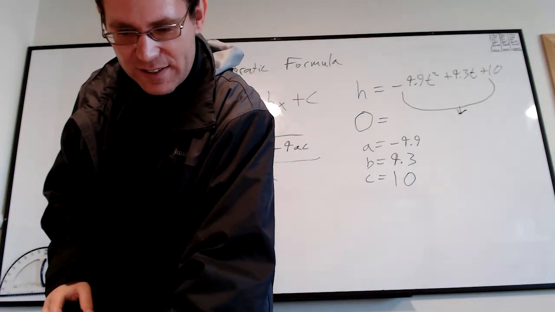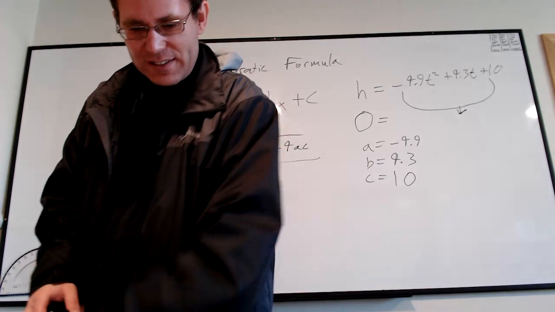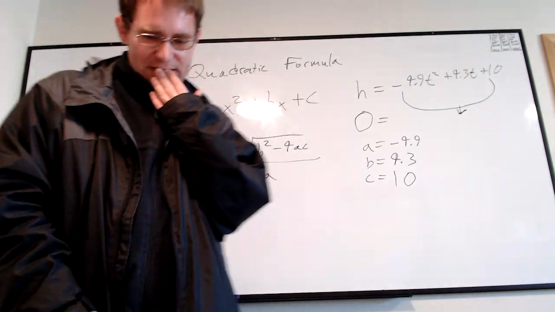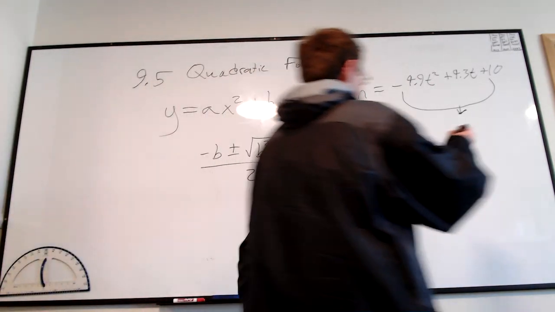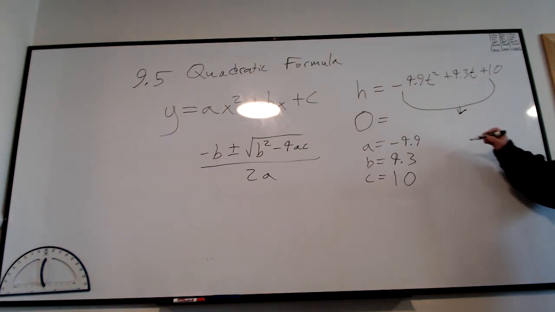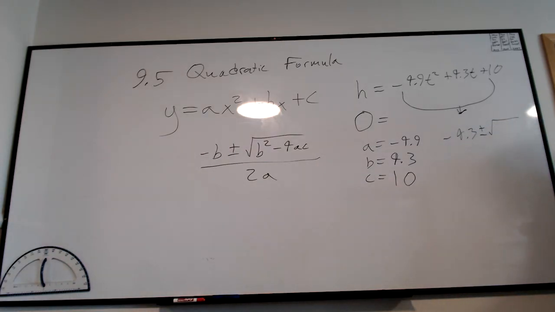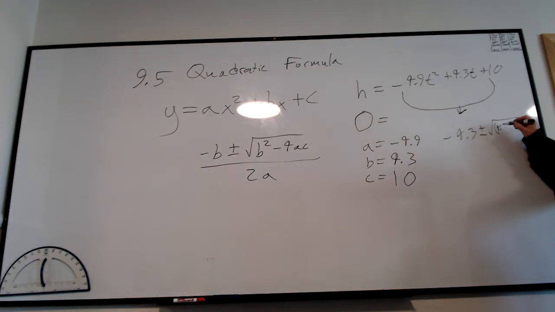So then we'll set it up and then we can keep going with it. Over here, we've got negative B, so that's going to be negative 4.3 plus minus the square root of b squared, 4.3 squared, minus 4 times negative 4.9 times 10, all over 2 times negative 4.9. Wouldn't the square root of 4.3 squared just be 4.3?